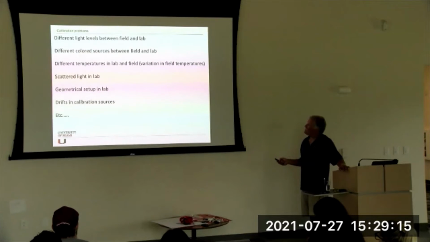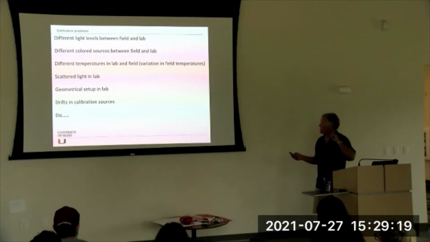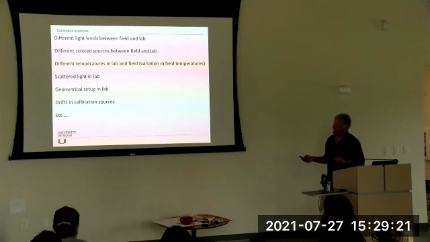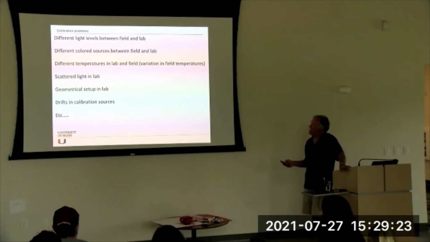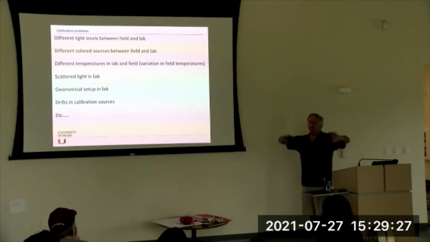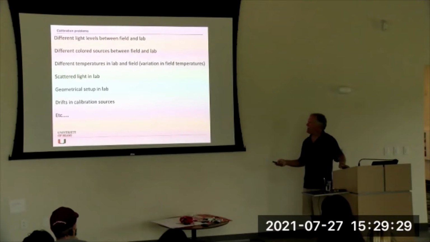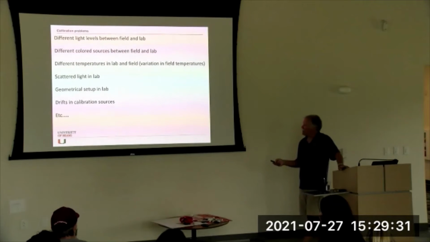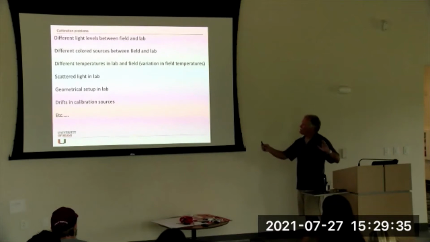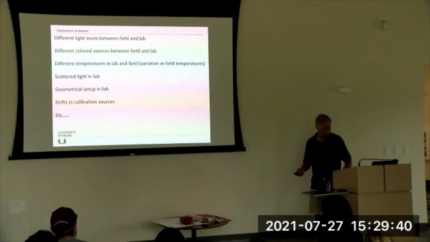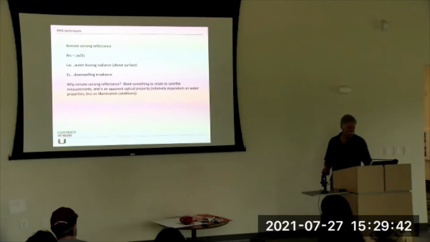You have temperature effects in your instrument, so variation between your field measurement temperatures and your lab temperatures. Scattered light in the lab: you have a 1,000-watt lamp that's shining light everywhere in your lab. You've got to try to block off the scattered light, so you're only looking at light directly from the source to your instrument. These are all different things you have to worry about when you're calibrating an instrument.